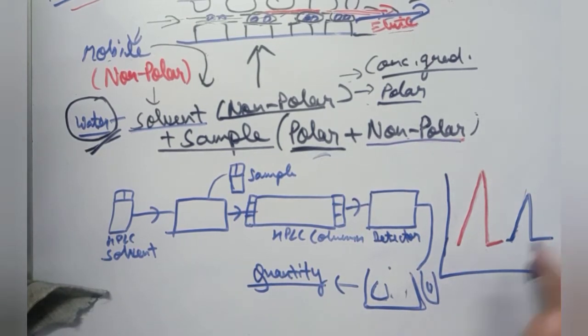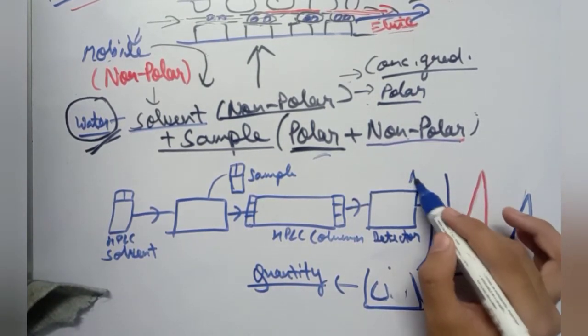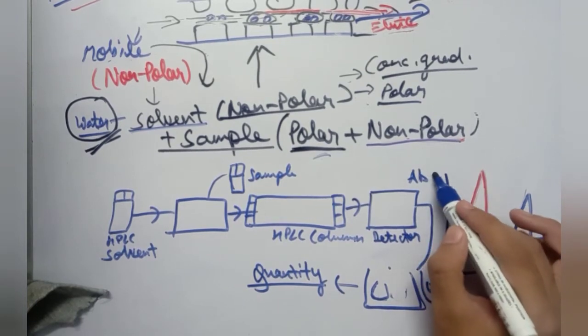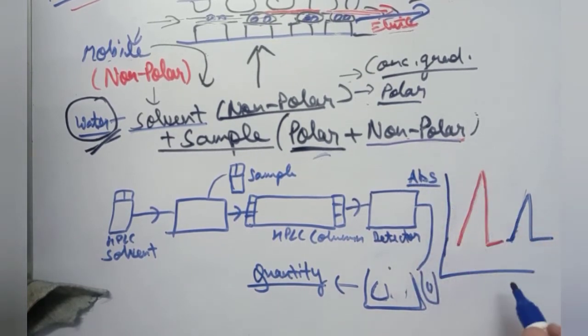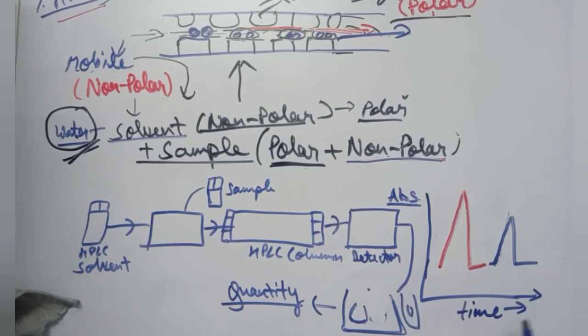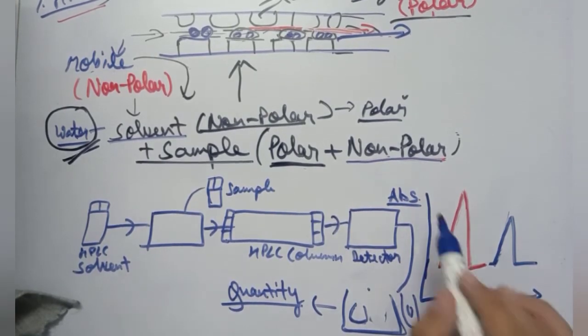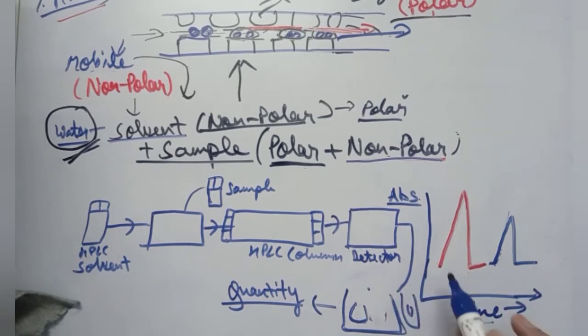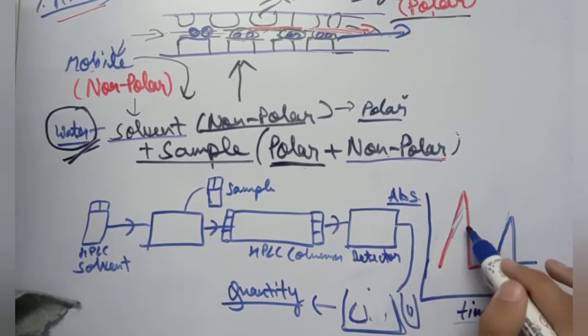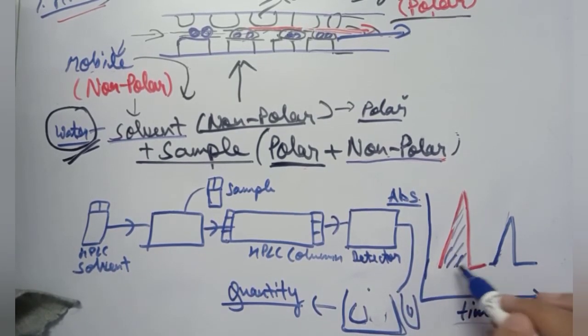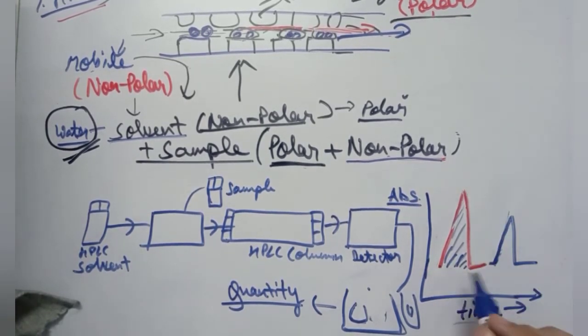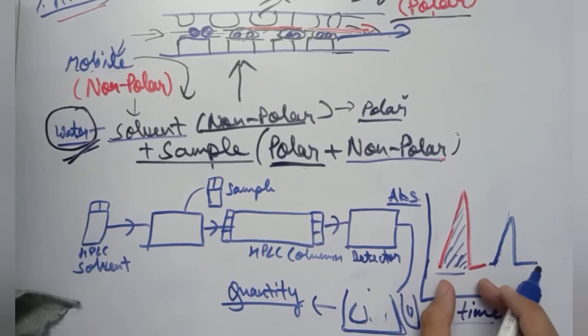meaning how much of these components are present in the sample. So how can we find that out? The detector plots the graph on the basis of absorption with respect to time. So time is taken on the x-axis and absorption is taken on the y-axis. Now when we find the area of this graph, we can easily find the concentration of this non-polar component.